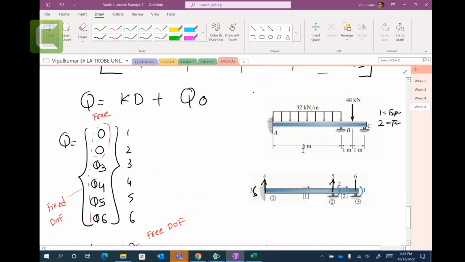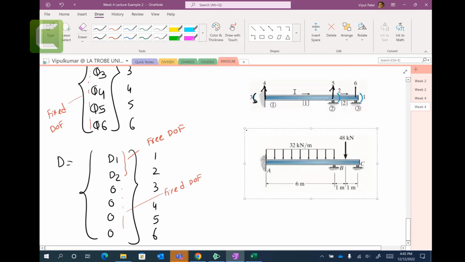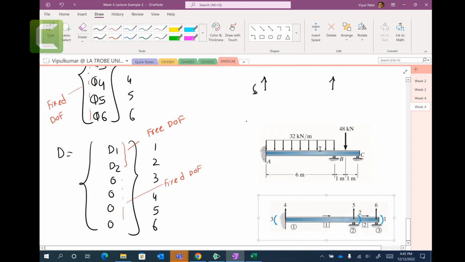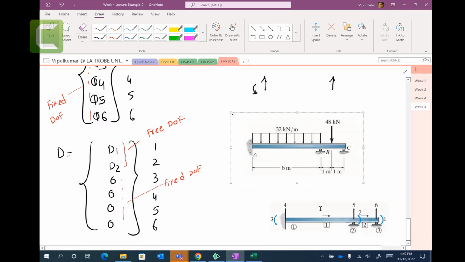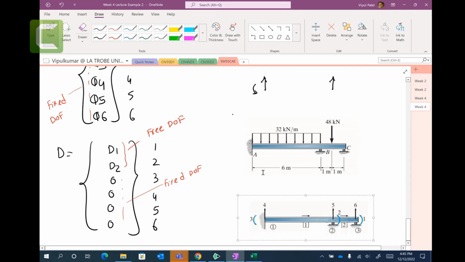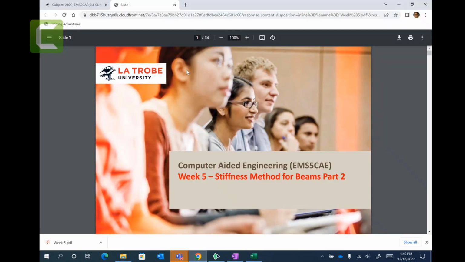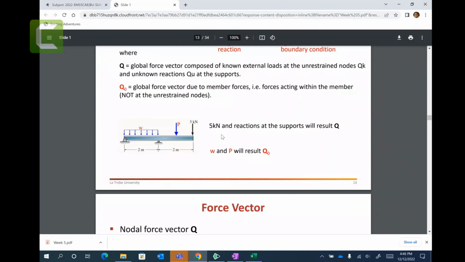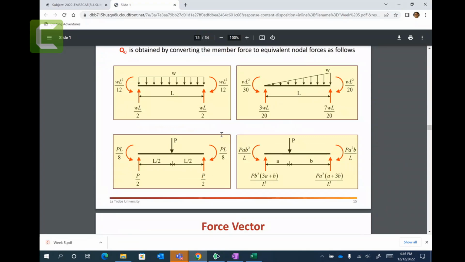Now how are we going to get the Q0? So let me grab this one down here. Okay, there you go. Now for the Q matrix, we need to use these tables.